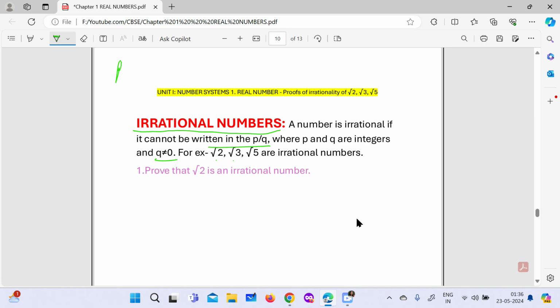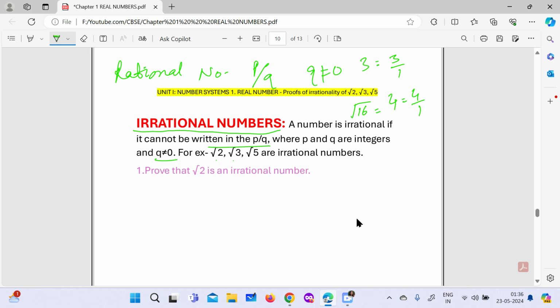So, I hope you are well aware of rational numbers. Rational numbers can be written in the form p over q, where q is not equal to 0. So suppose you have 3, 3 can be written as 3 over 1. So 3 is a rational number. You have root 16. Root 16 is nothing but 4, which can be written as 4 over 1.